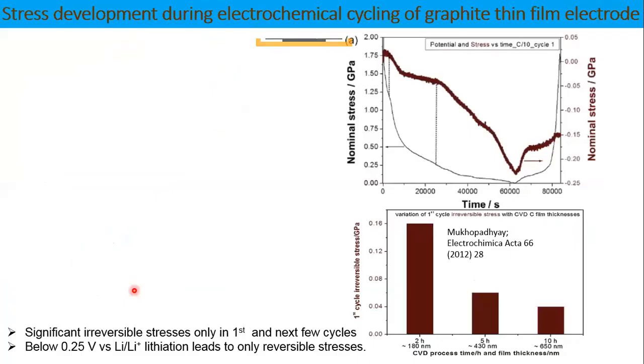So now come to a couple of examples of stress developed in the various electrodes. My supervisor worked on graphite based electrodes, and what he found is that when you cycle those graphite films against lithium, even before the real intercalation of lithium in the graphite, a huge amount of stress gets developed.